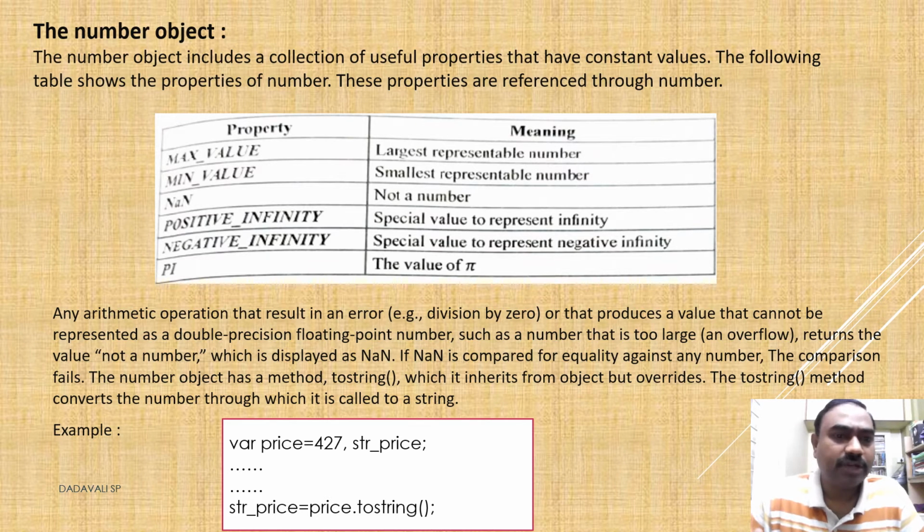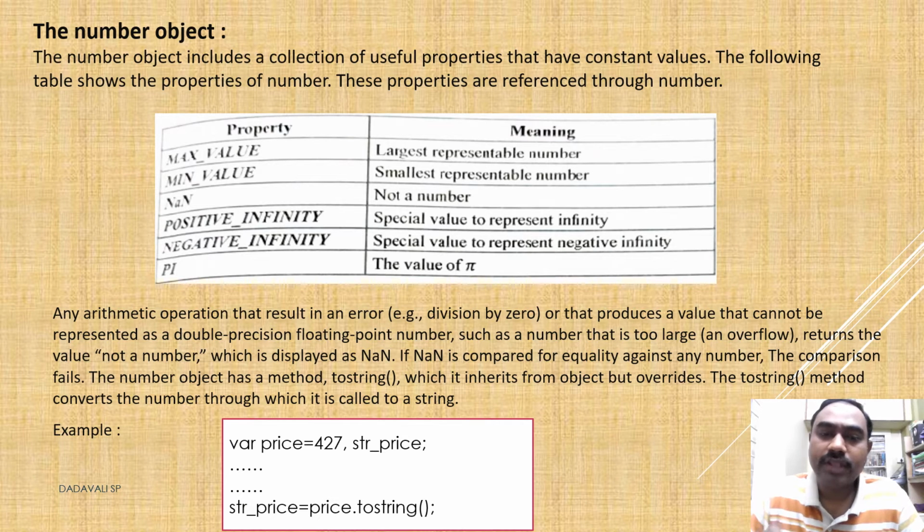Any arithmetic operation that results in an error, for example division by 0, or that produces a value that cannot be represented as a double precision floating point number, such as a number that is too large, meaning an overflow, returns the value not a number, displayed as NaN.